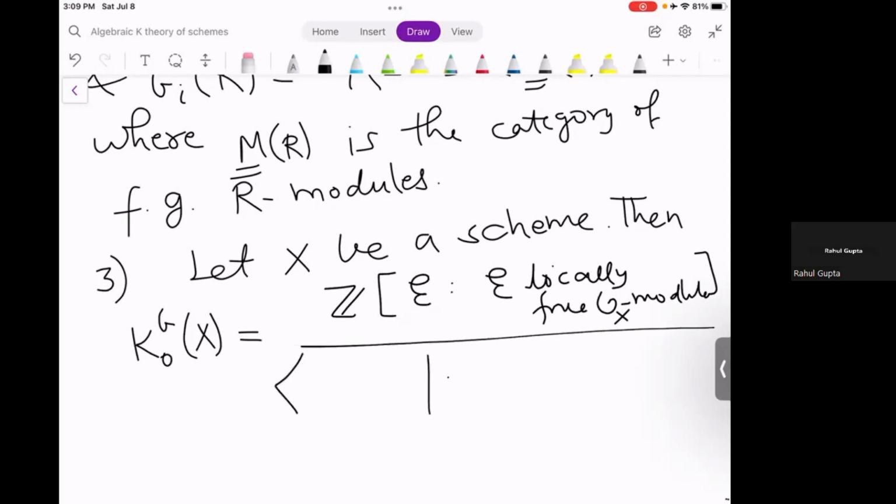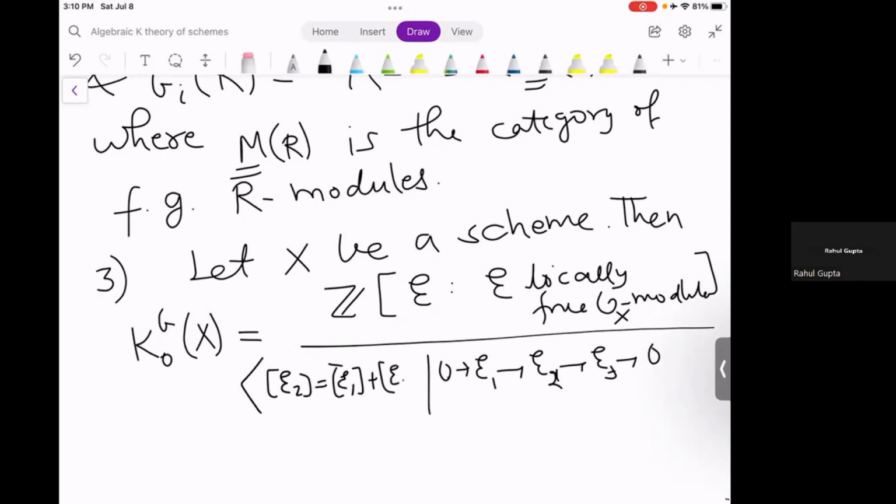And then you go modulo the relations coming from short exact sequences. If 0 to E1 to E2 to E3 to 0 is exact, then I declare the class of E2 to be the same thing as the class of E1 plus the class of E3.